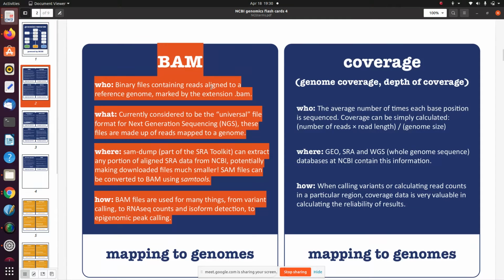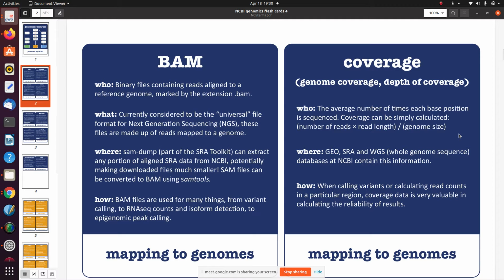So what is coverage? Genome coverage, depth of coverage: the average number of times each base position is sequenced.